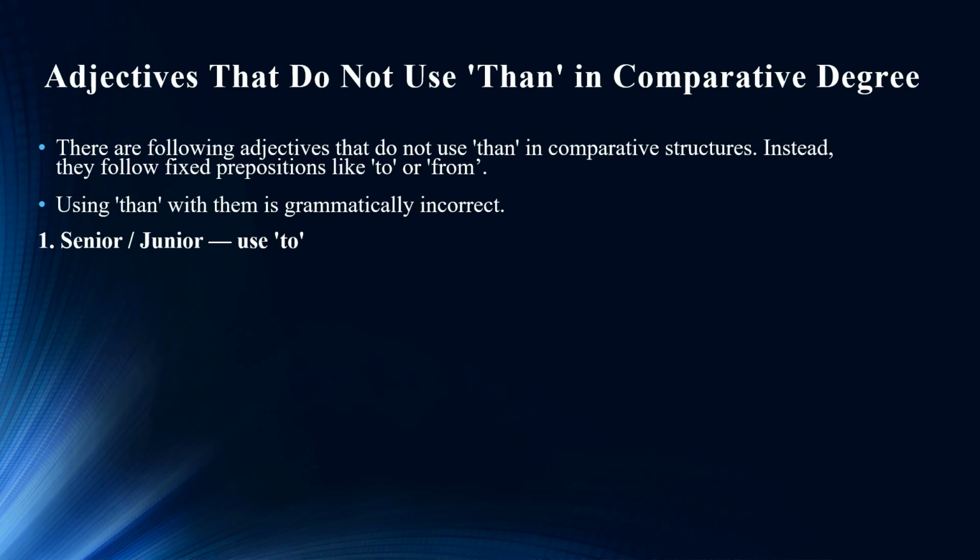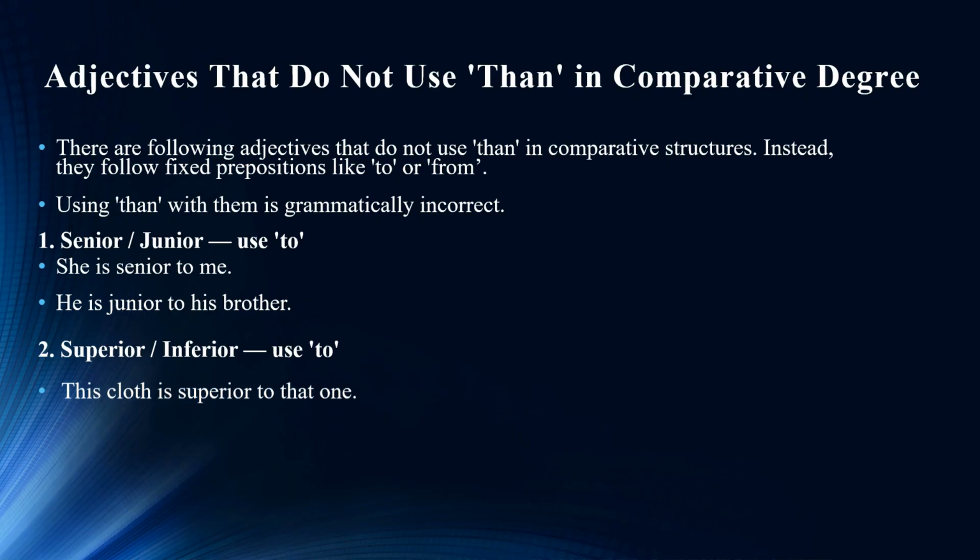For example, senior, junior: we use to with senior and junior. She is senior to me, he is junior to his brother. There wouldn't be the usage of than. She is senior than me, or she is senior than I, this sentence would be wrong. The correct sentence is she is senior to me.